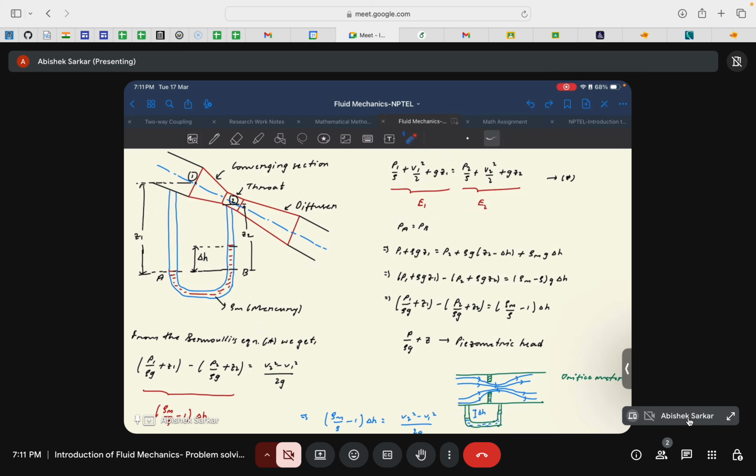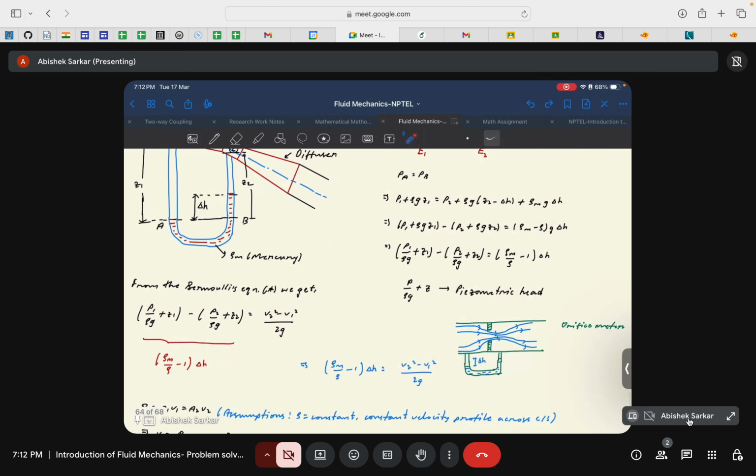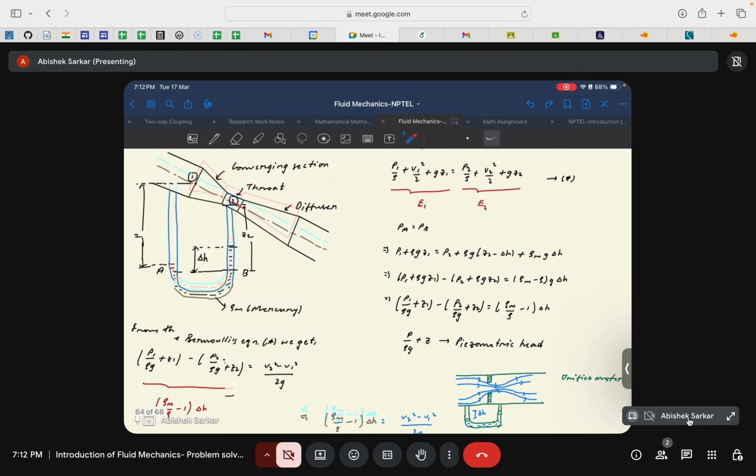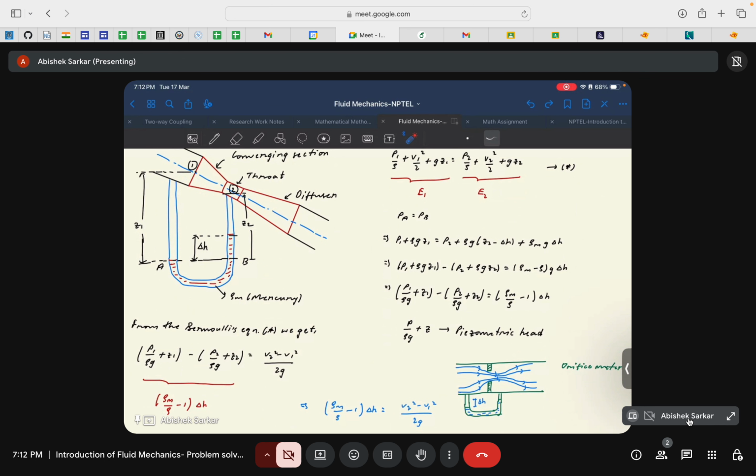The difference in piezometric head between the two points can be found from the deflection of the manometer. Now from Bernoulli's equation, that is equation star, we can again rearrange the terms to get (P1 by rho g plus Z1) minus (P2 by rho g plus Z2) equal to (V2 square minus V1 square) by 2g.